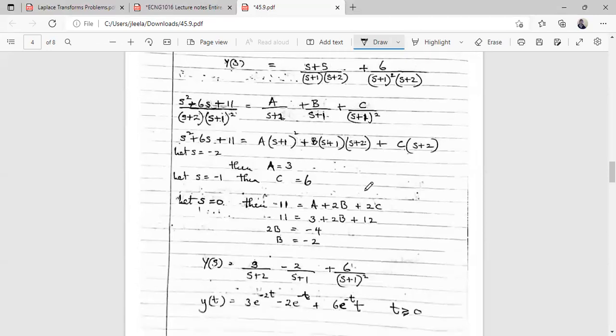So if we let s equal minus 2, the second and the third term on the right will drop off. So you'll get minus 1 squared, which is 1, so you'll get A on the right.